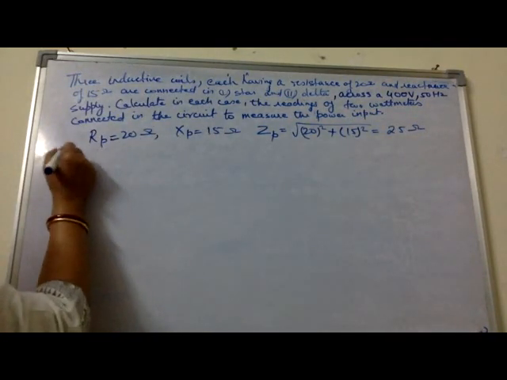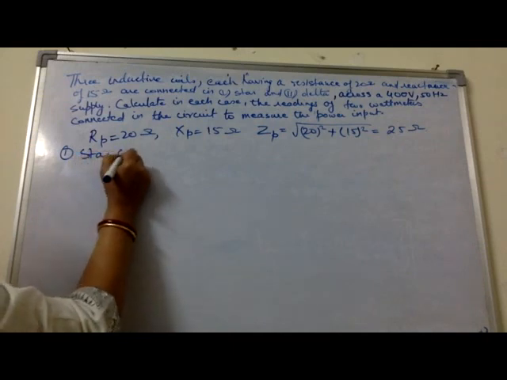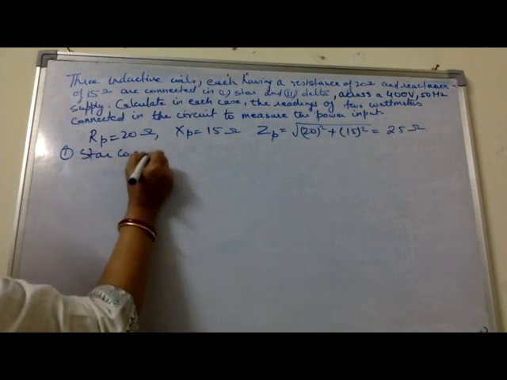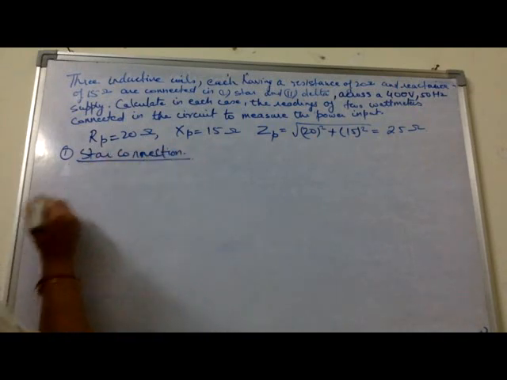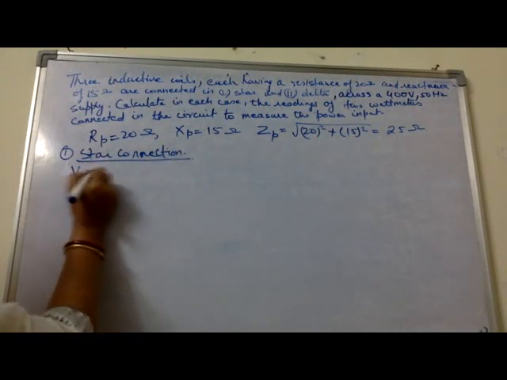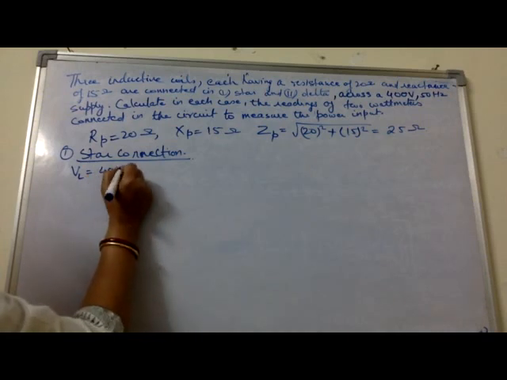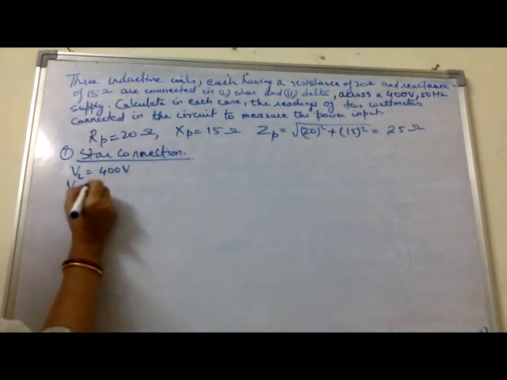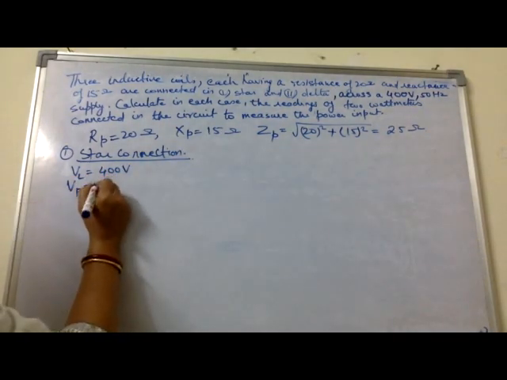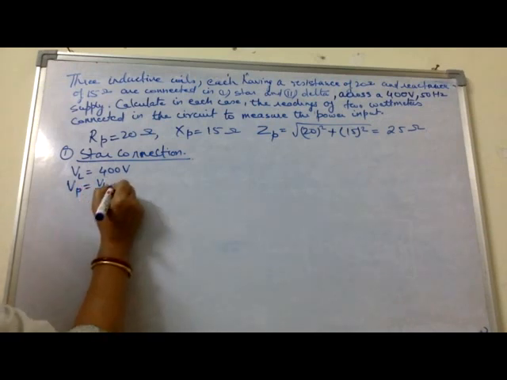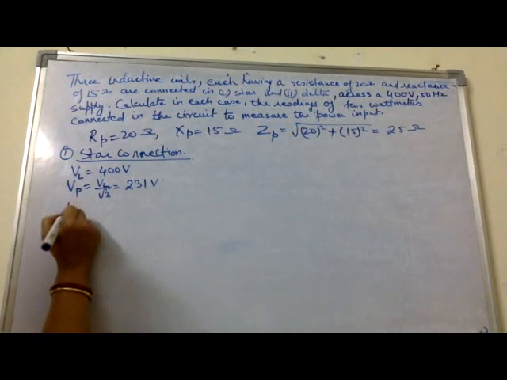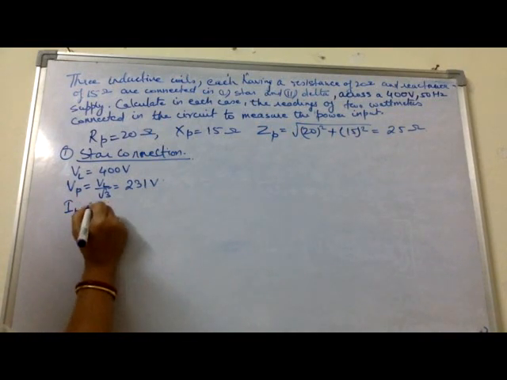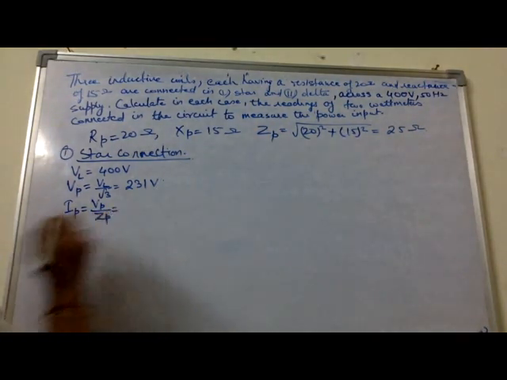Now, the first case we'll consider is the star connection. In case of the star connection, given is VL equal to 400 volts. So the phase voltage will be VL by root 3. This comes out to be 400 by root 3, 231 volts. The current per phase will be the voltage per phase divided by the impedance per phase.